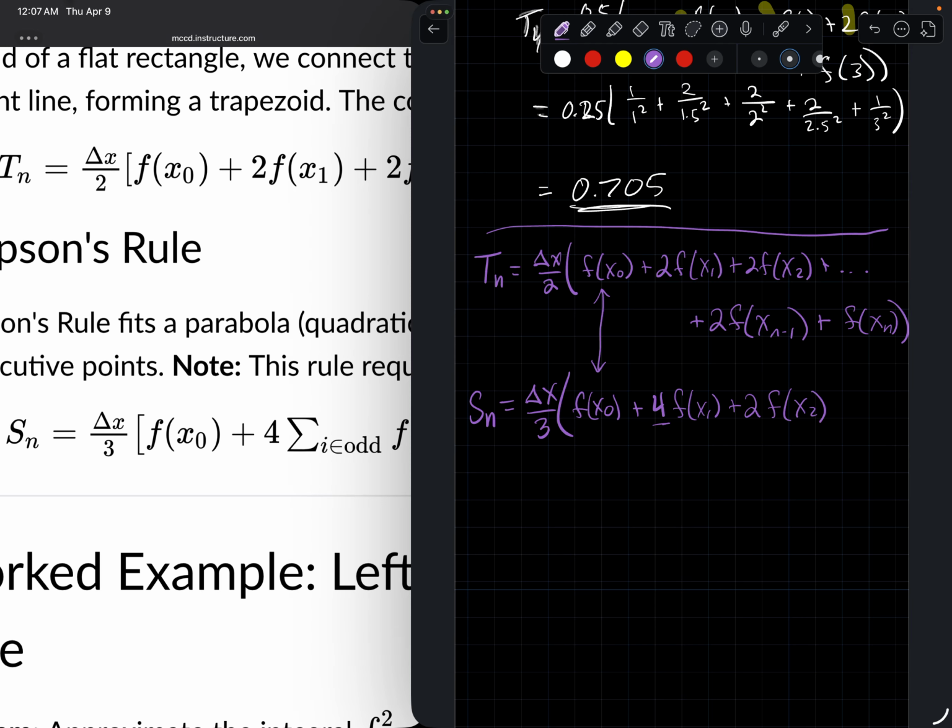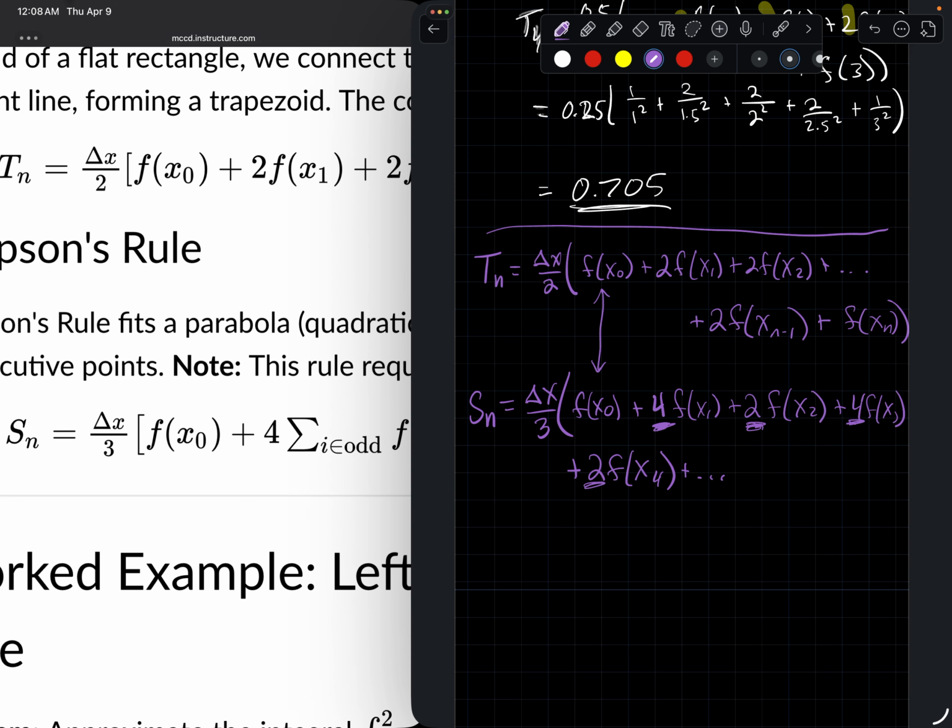So you have a 4, and then you have a 2. And then this continues on. The next one would be 4 f of x3, and then 2 f of x4 plus dot dot dot. You keep alternating 4s and 2s. So it's 4, 2, 4, 2, etc.